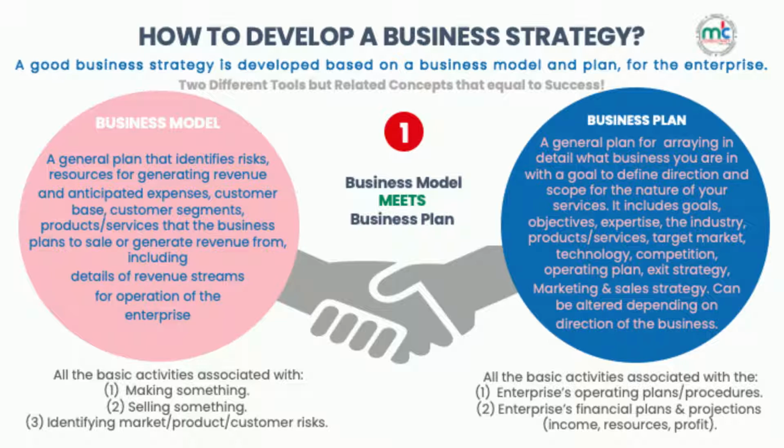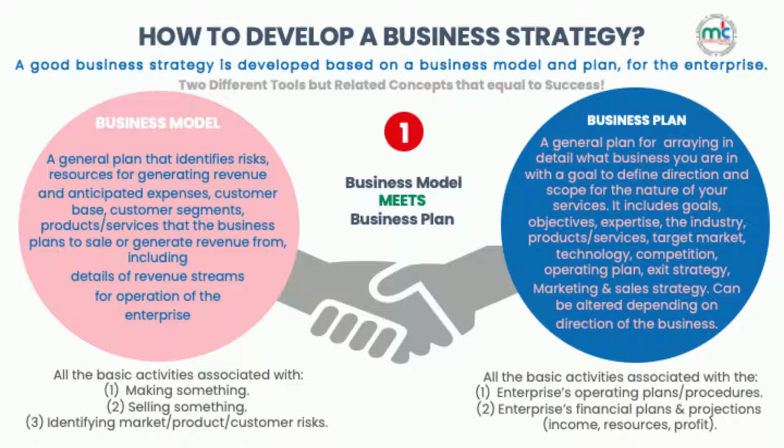In general, a business model is a general plan that identifies risks, resources for generating revenue, and anticipated expenses, customer base, customer segments, your services, products that the business plans to sell or generate revenue from, including details of revenue streams for operating of the enterprise.